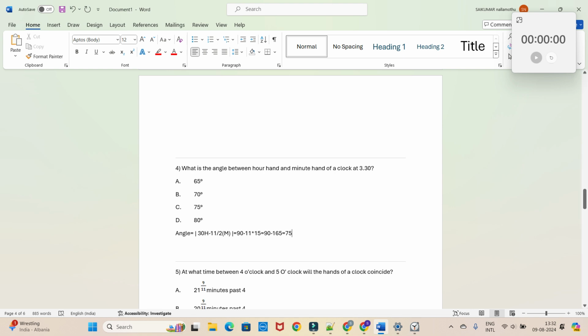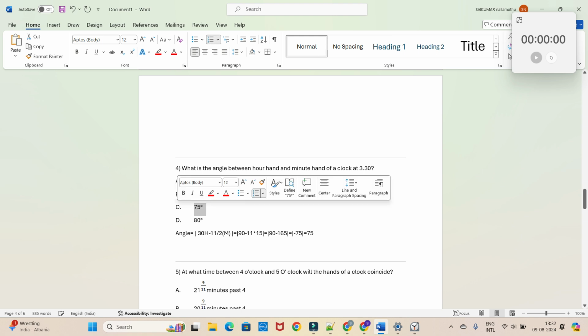We are having a modulus here, so mod of minus 75 would be equal to 75. So the answer is 75.